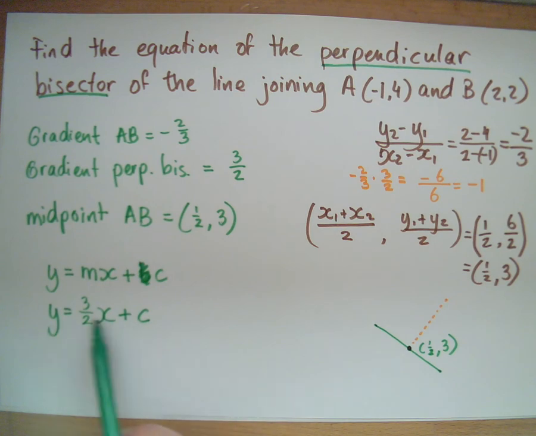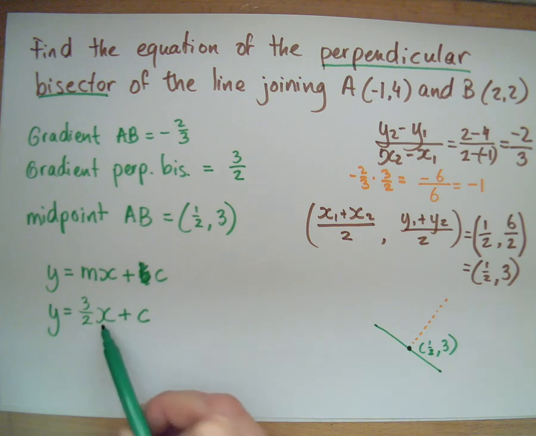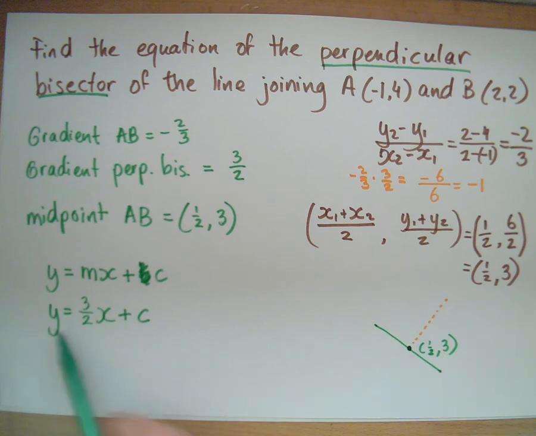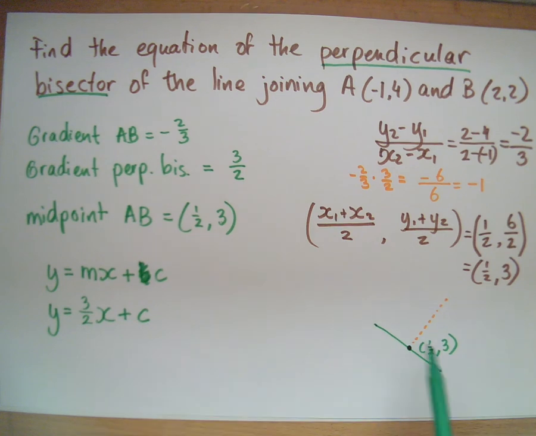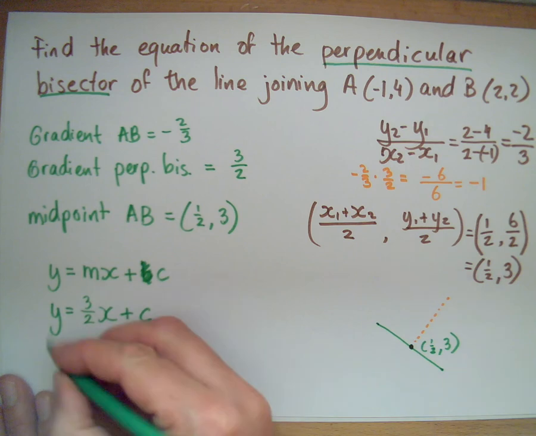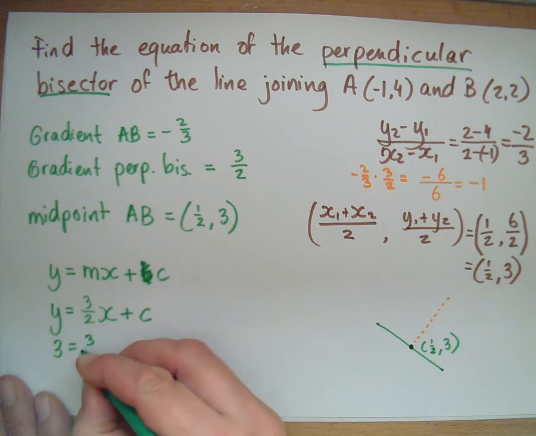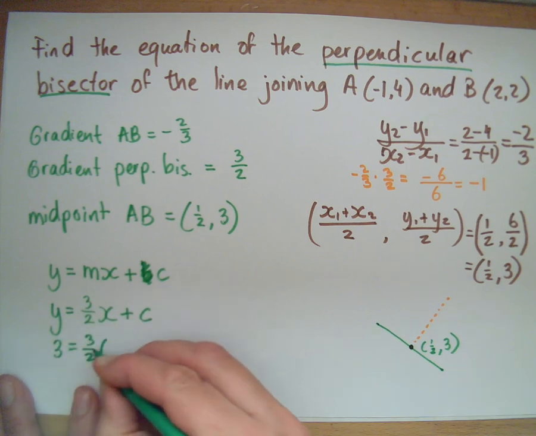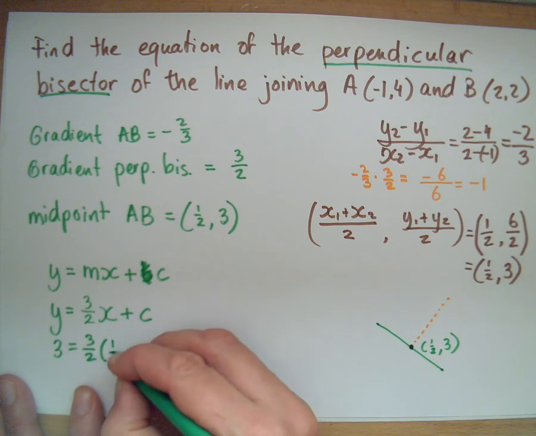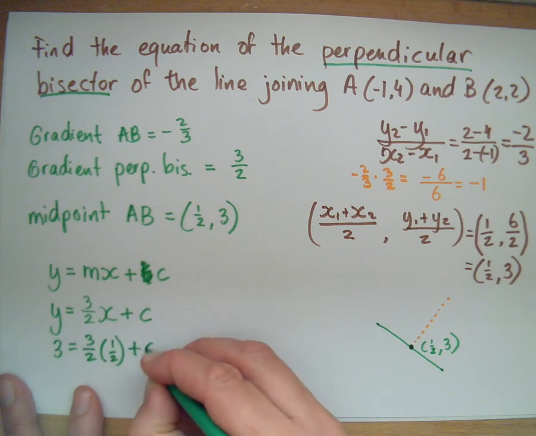What we do have, though, is one coordinate that this line passes through. We have an x value of 1/2 and a y value of 3. If we plug this point into this equation, it should be true. If we plug this point in here, our only unknown will be c. So that's super helpful. Let's stick it in. y is 3. 3/2 times 1/2 plus c.